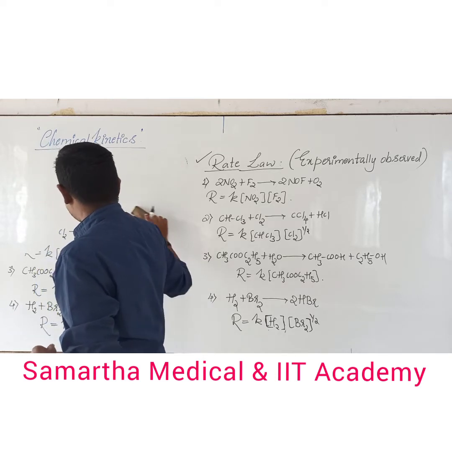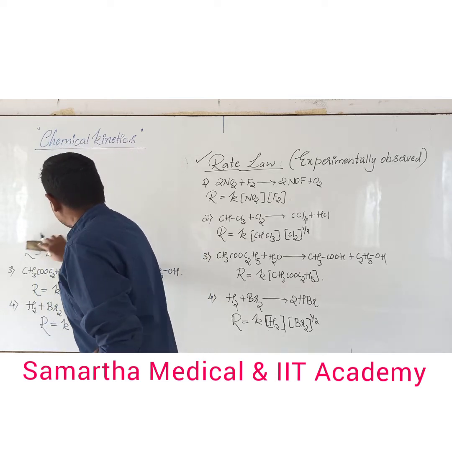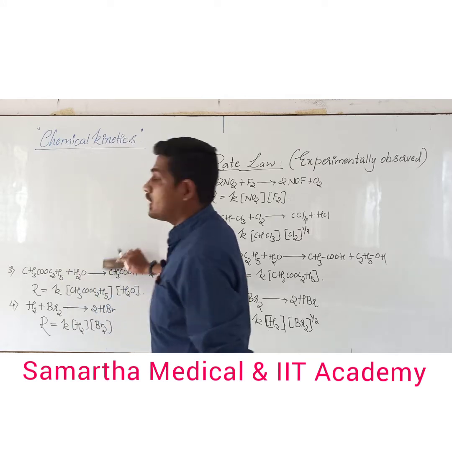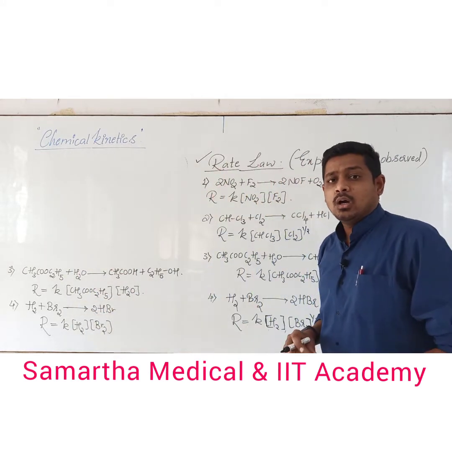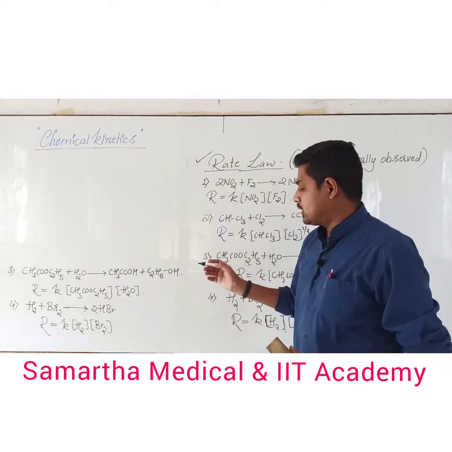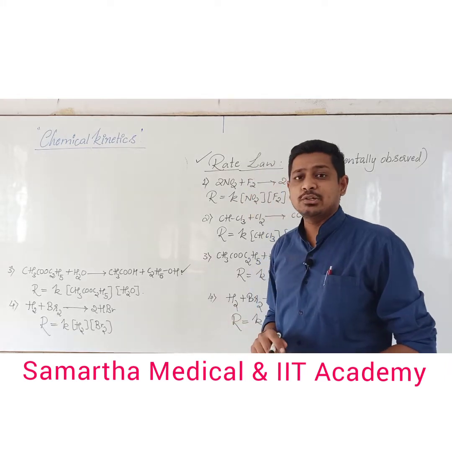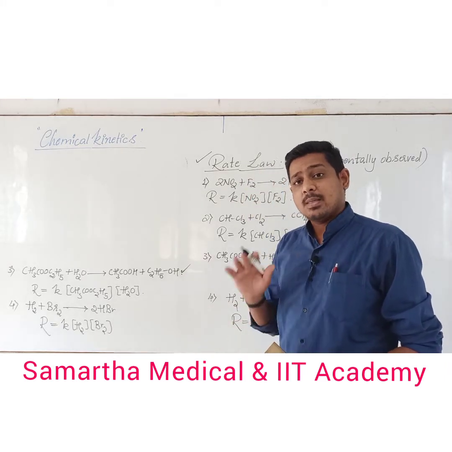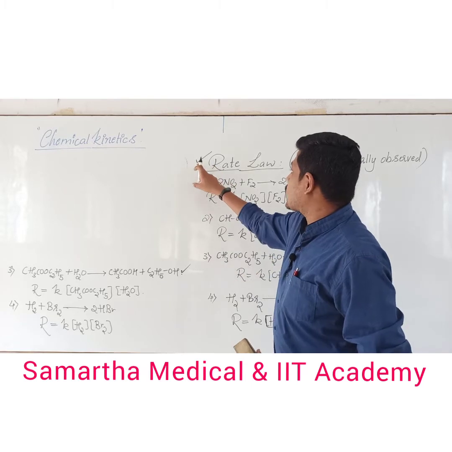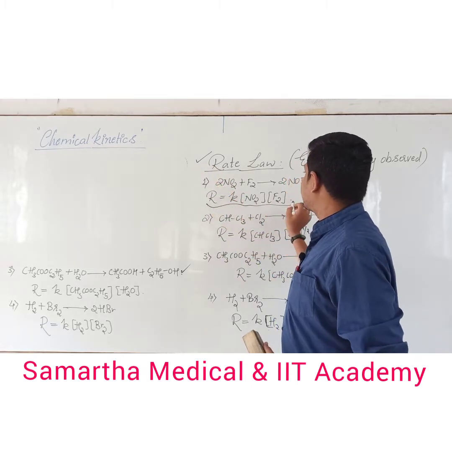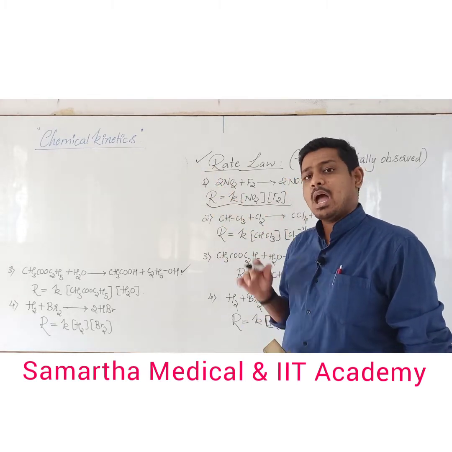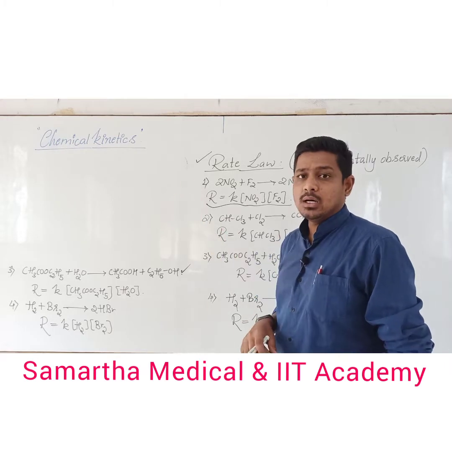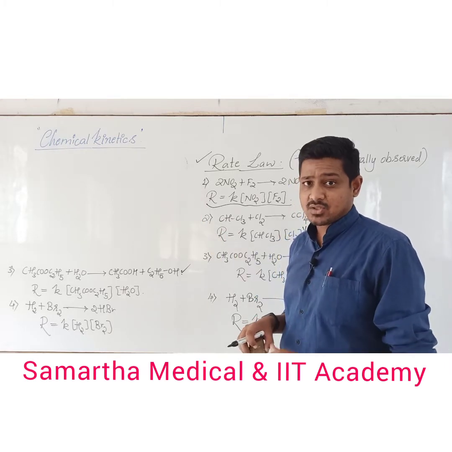So in examinations, they will give an example chemical reaction and ask you to write the rate of the reaction. Then as per the rate law you have to express the rate equation, not as per the law of mass action.